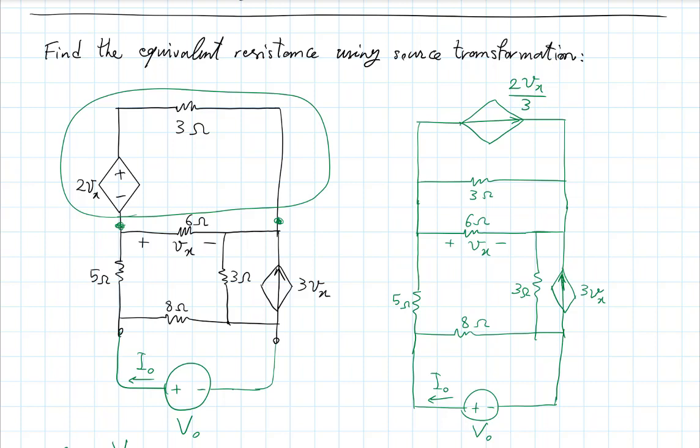And then I have a Norton equivalent at the top that I can change to a Thevenin. And I have another Norton down here that I can change to a Thevenin. And then I'll end up with one big loop, which is a lot easier to deal with, right? One big loop at the top, plus this little loop that includes the voltage source.